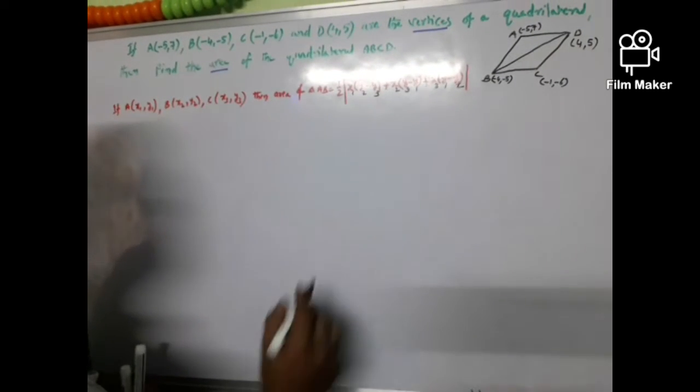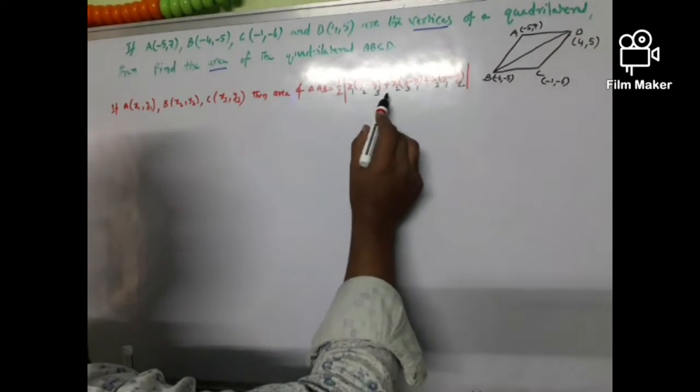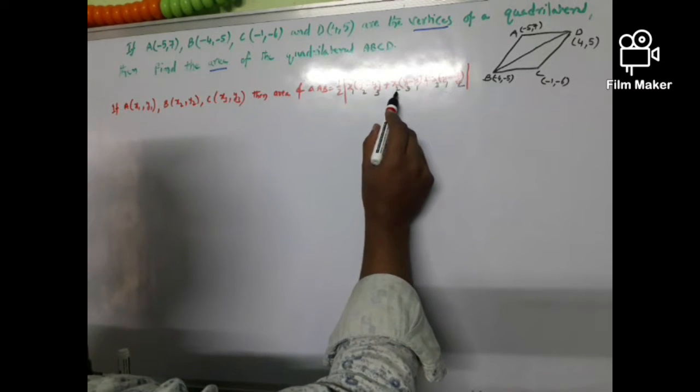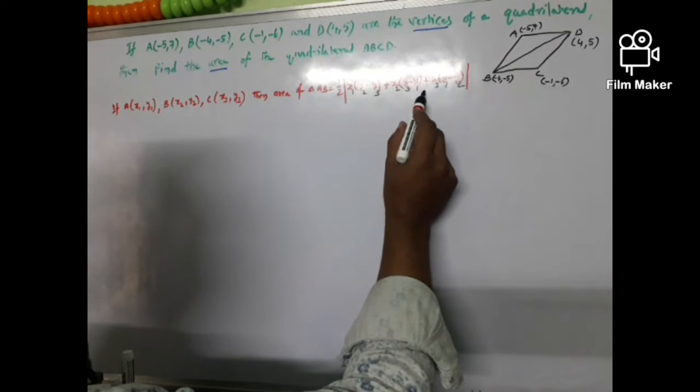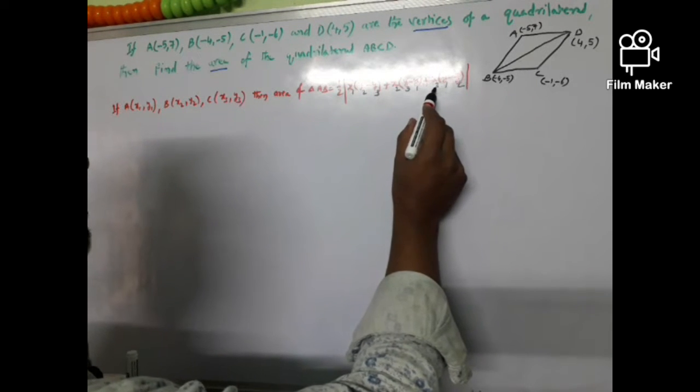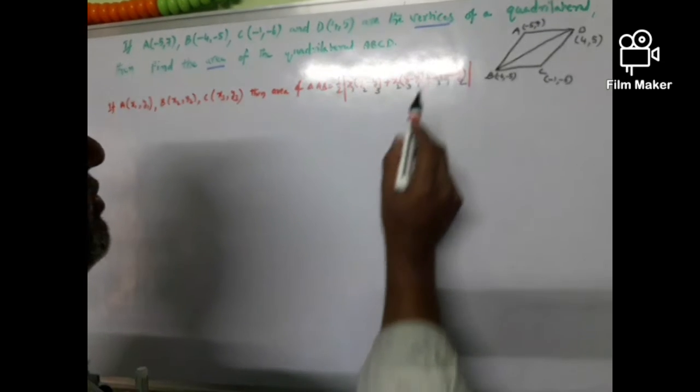This is the notation: 1, 2, 3; 2, 3, 1; 3, 1, 2. 2 after 1, 3 after 2, 1 after 3.